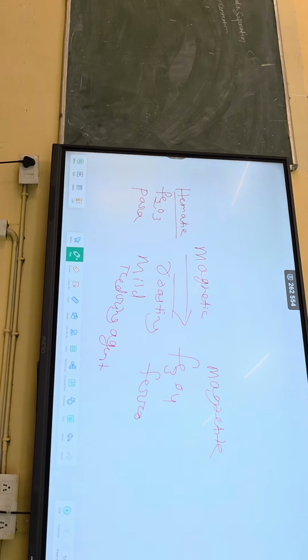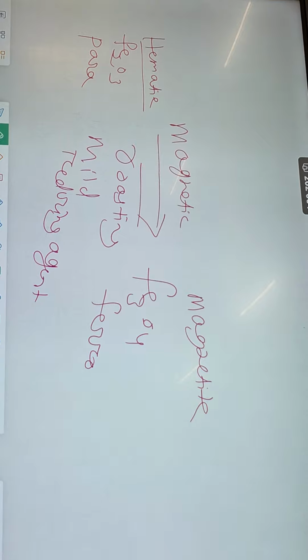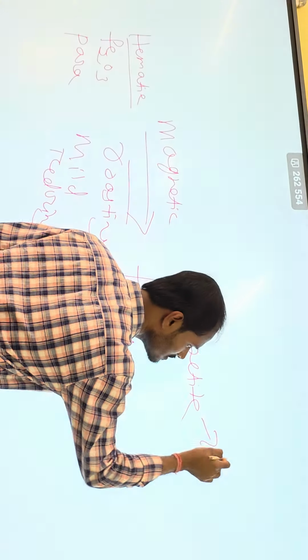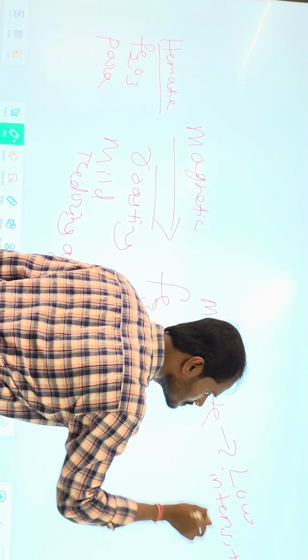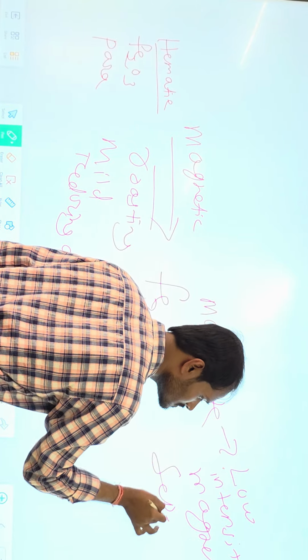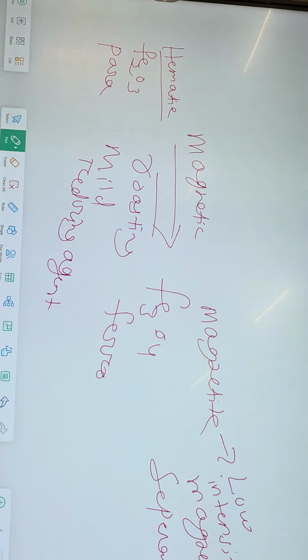We just simply did magnetic roasting. That means we have changed the magnetic behavior from para to ferro. So now you can use what? For this? Very good, low intensity. Now you can save the cost, you can save the energy. So you understand my point?